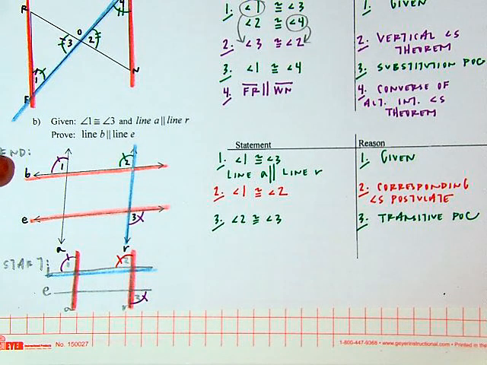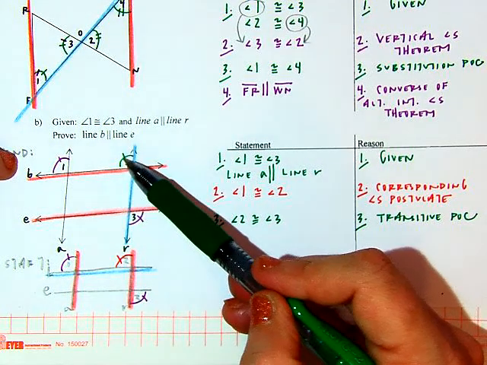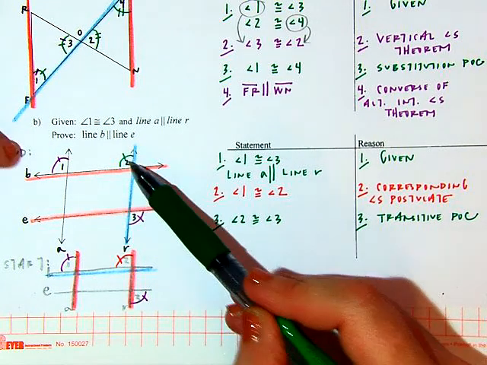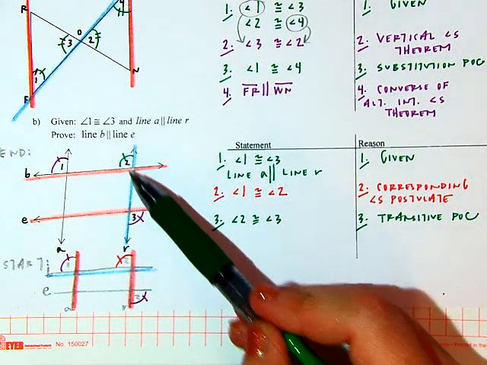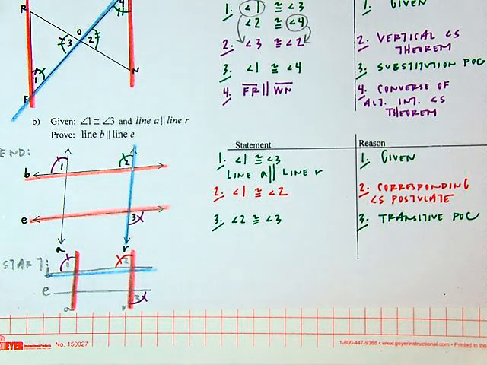Now remember, this is where I wanted to end. I wanted to end with the diagram on top. Since I now have connected 2 and 3, I've shown that they are congruent angles. They happen to be alternate exterior angles. That is what is locking these lines into a parallel position. So I can reach my conclusion.